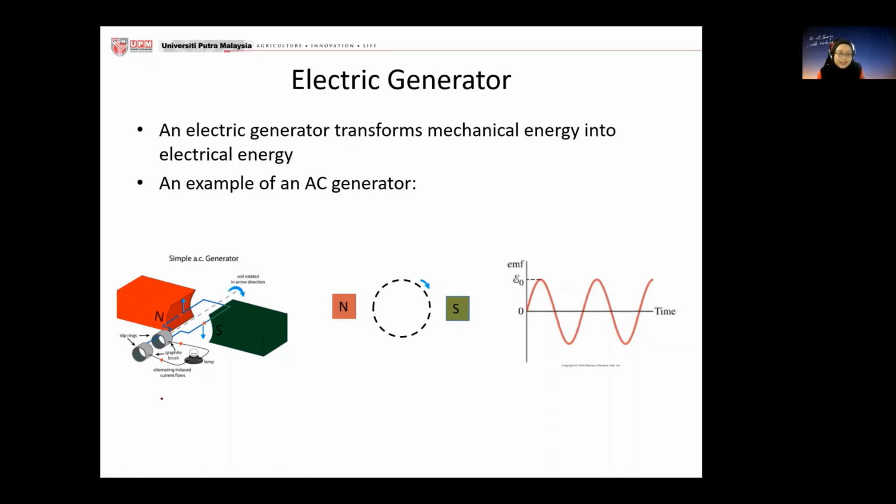So if you look at this example, this is actually an example of an AC generator. And in an AC generator, you have your magnets here, you have your north and the south poles here, right? And you have actually a loop. So imagine this is a wire, right?